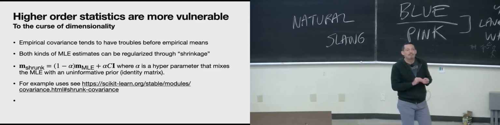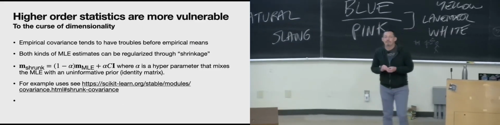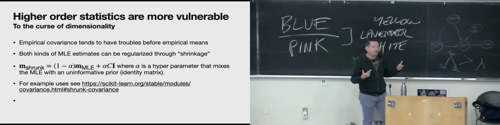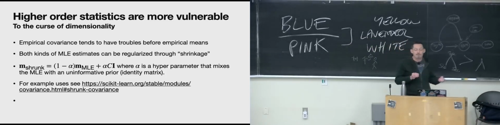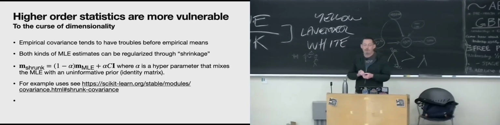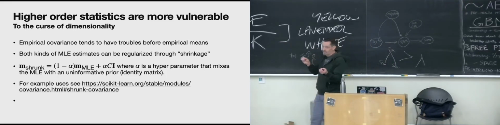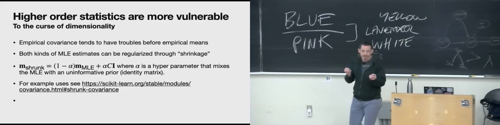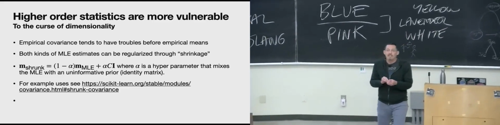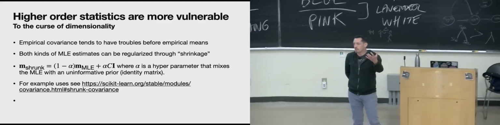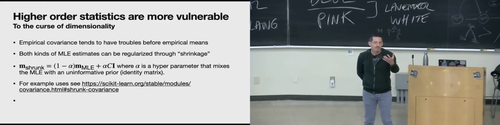Okay? So, how can we deal with this? Well, generically speaking, the first statistic you're going to have a problem with as you go to high dimensionality are the quote-unquote higher order statistics, variability statistics, covariance matrix. If you've got some data, you calculate the empirical covariance matrix.